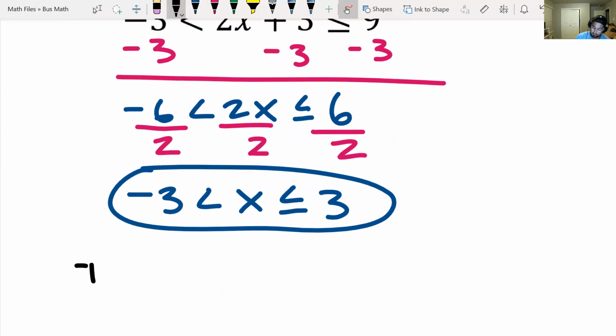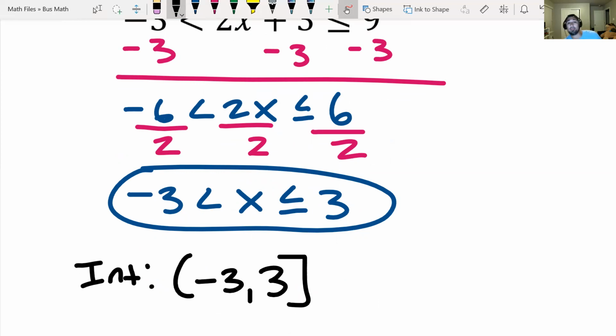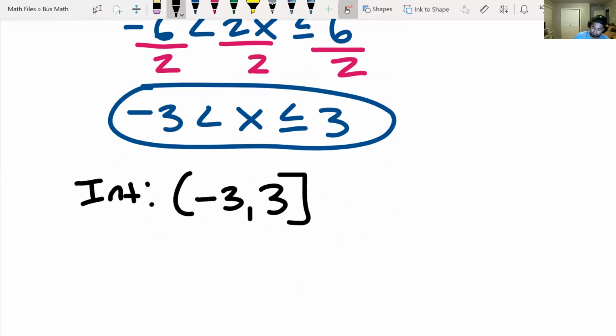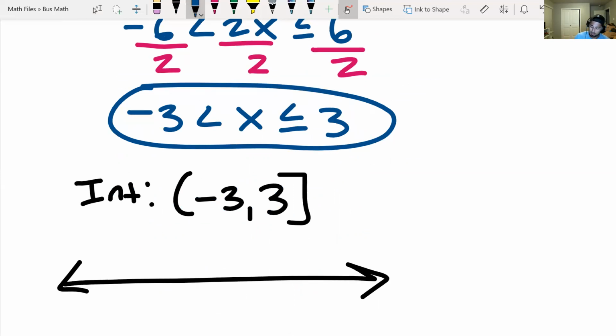And then our interval, it's going to be parentheses negative 3 to 3 bracket. Our graph, parentheses negative 3 to 3.